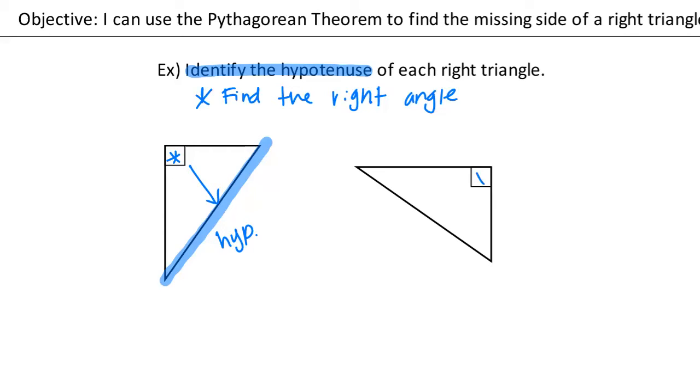Likewise with this one here, I have my right angle right here. So across from it, this side is going to be the hypotenuse. Okay, so you guys go ahead and try with this one.